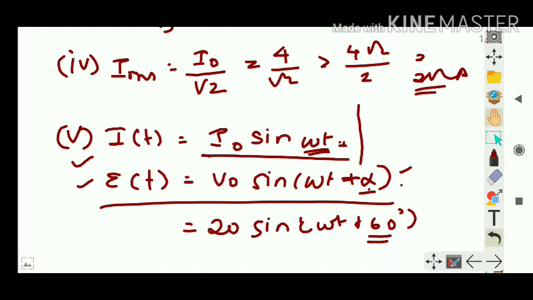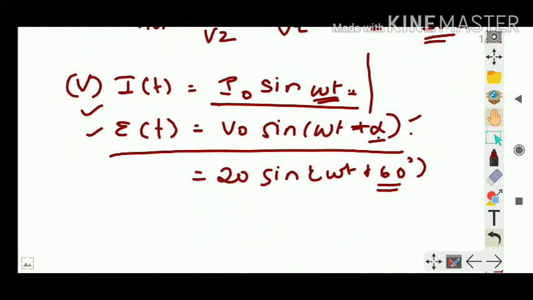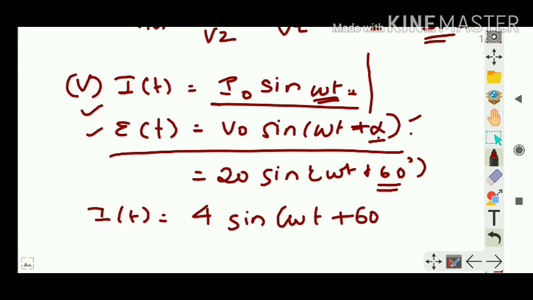So this alpha is not there in our current, right? So what will be the current equation? I of t will be I naught. I can write it as 4, which was found earlier, sine omega t plus 60. That is our current.